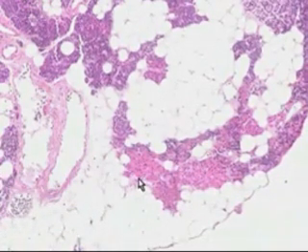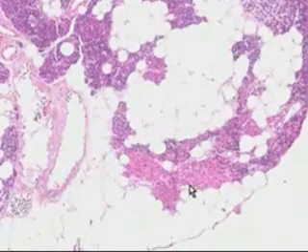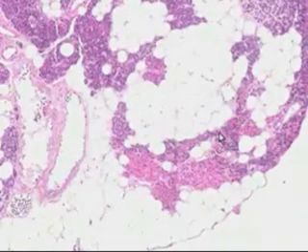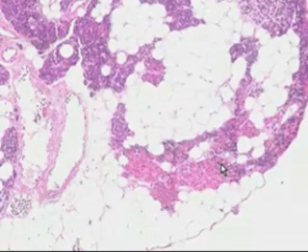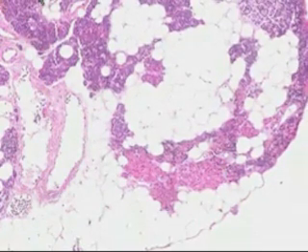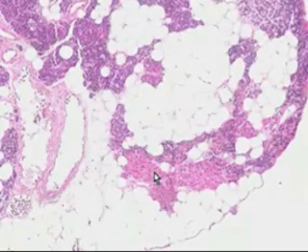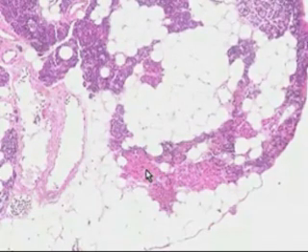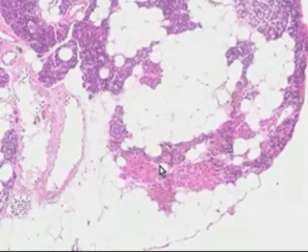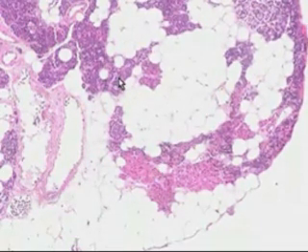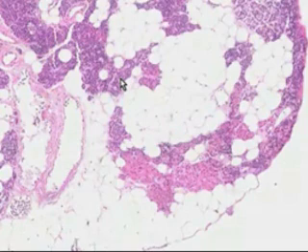The second most common type of cell, which is considerably less than the chief cells, are these red cells. They are called oxyphil cells. So the chief cells and the oxyphil cells are the active cells of the parathyroid. And I believe that the chief cells are even more active, but don't bet your life on it.